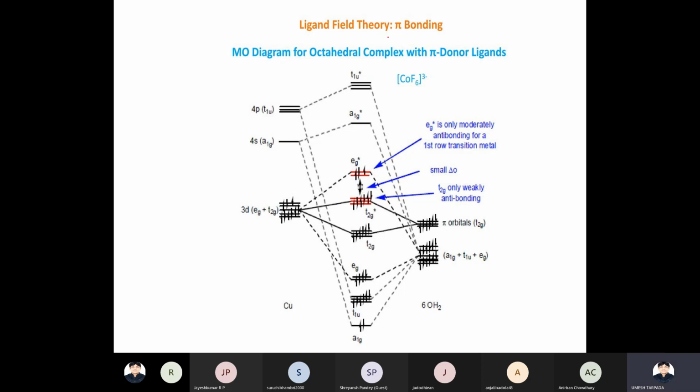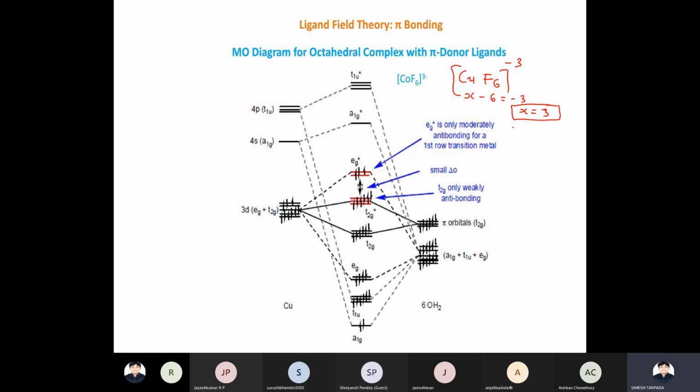This is a complex which you can say copper complex. So x is equal to 3. Copper is having electronic configuration 4s2 3d9.